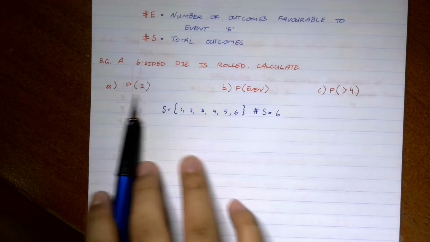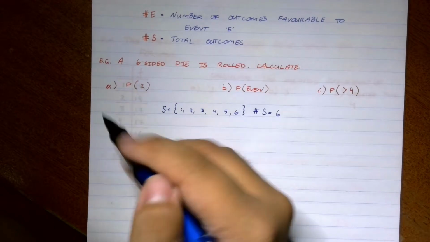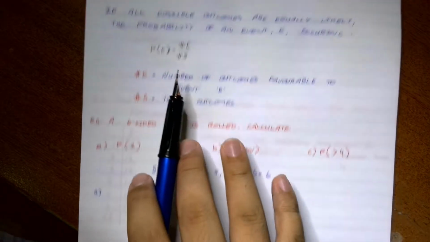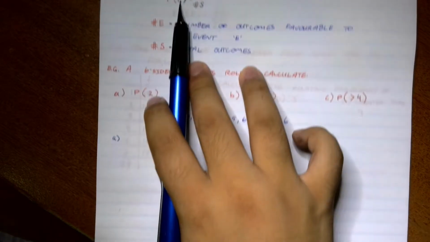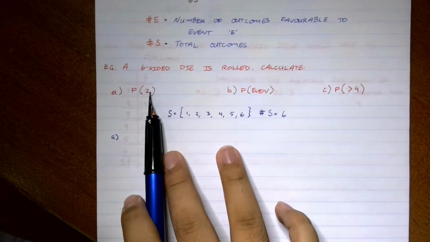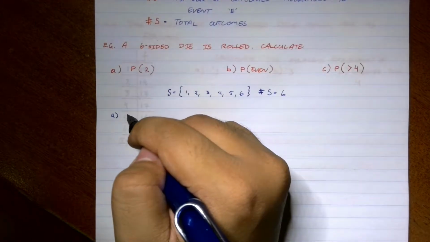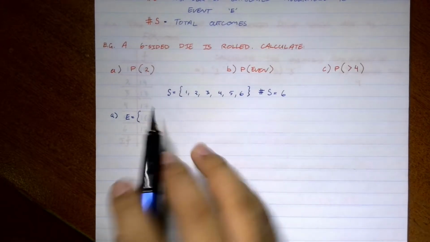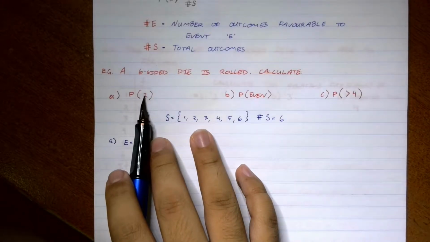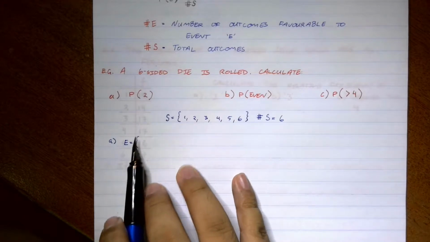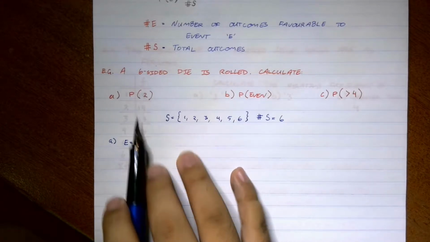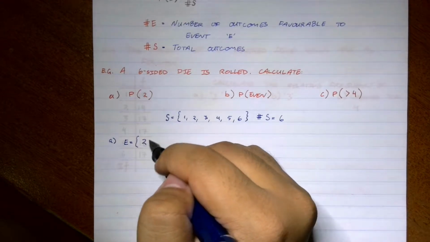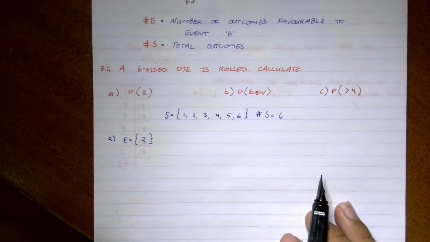So answering question A, our event E is indicated as rolling a 2. So we can create a list of this event here. So in the event of a 2 rolling, what could happen? Seems kind of silly, but a 2 can happen.